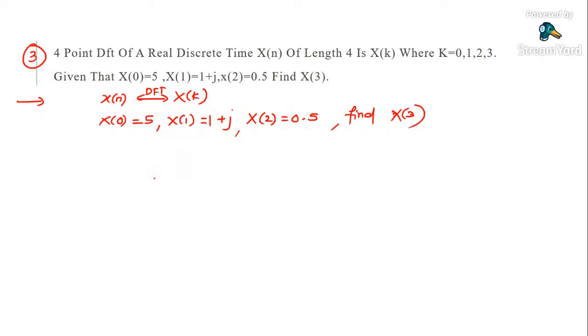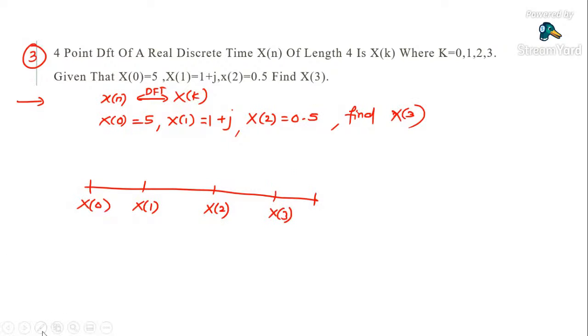With the help of the symmetry property, for a 4-point DFT we have X of 0, X of 1, X of 2, and X of 3.